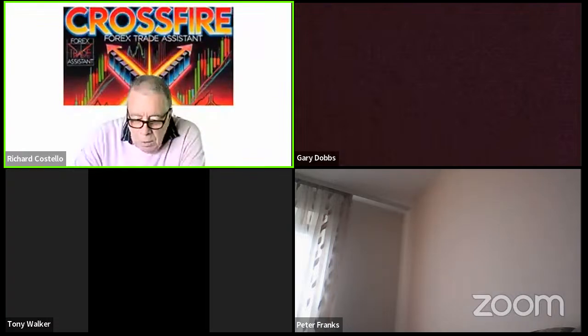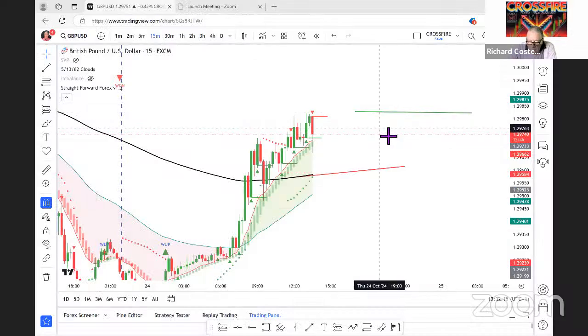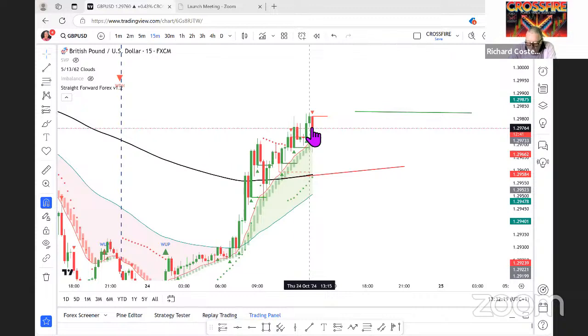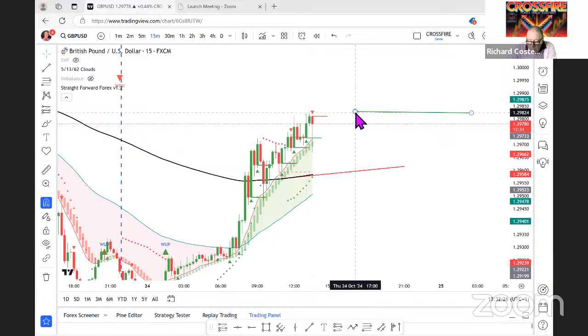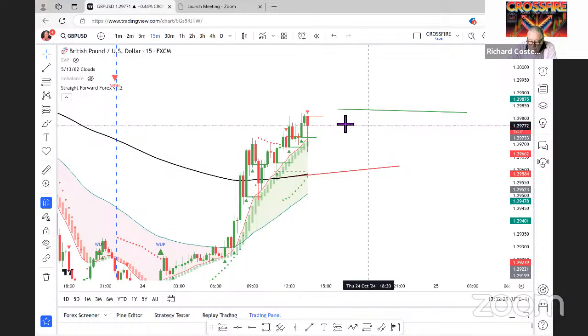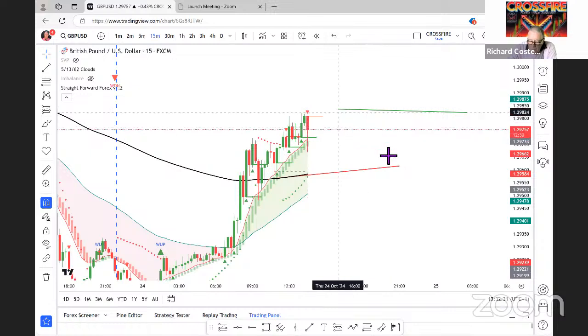If we go back to trading view and share that screen. Okay, so you should be able to see my trading view. And I was in the process of placing these two trend lines on GBP USD. So that's the 1 o'clock. That's the top of the candle, and I was just about to try and place this green trend line.